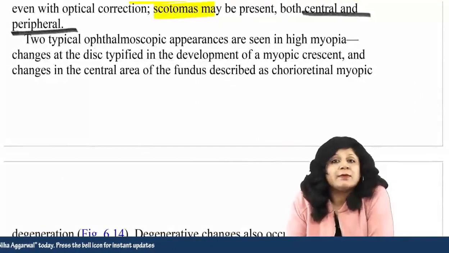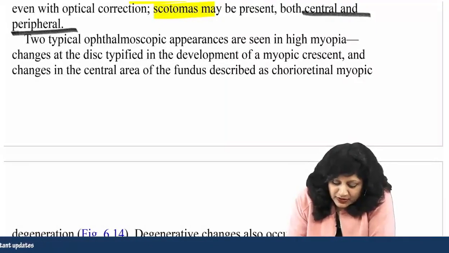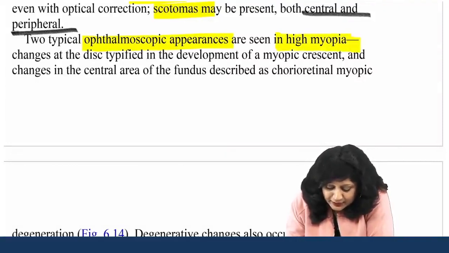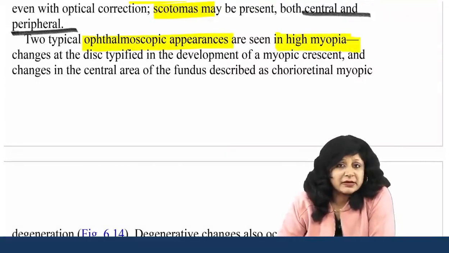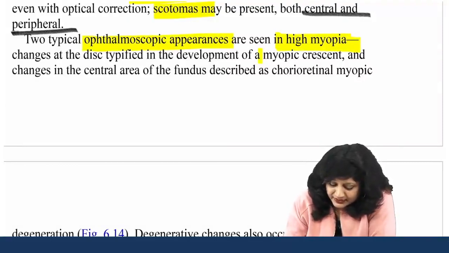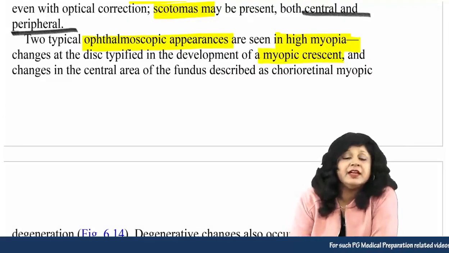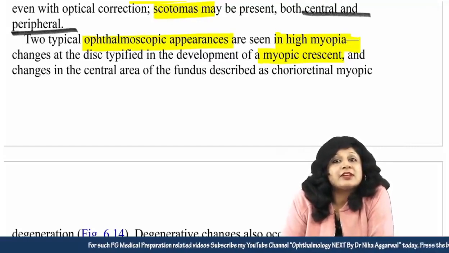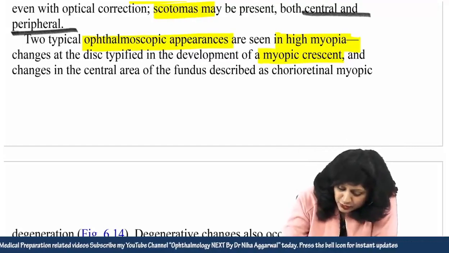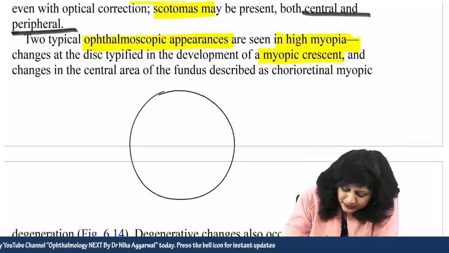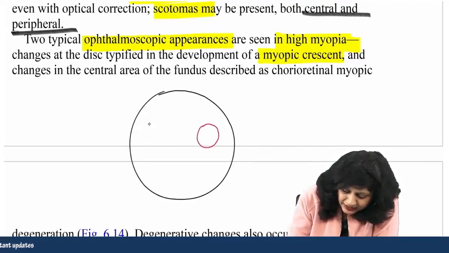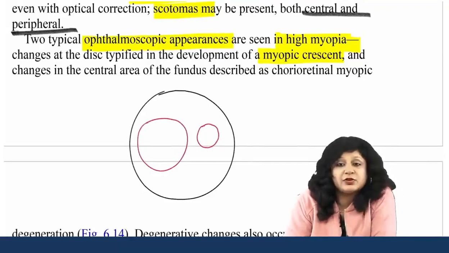Now talking about the ophthalmoscopic appearances in cases of high myopia. A very typical thing is the myopic crescent along with changes in the central fundus. Myopic crescent means you have a crescentic shadow. If you look at the fundus, you have the optic disc here, and the larger area will be your macular area.